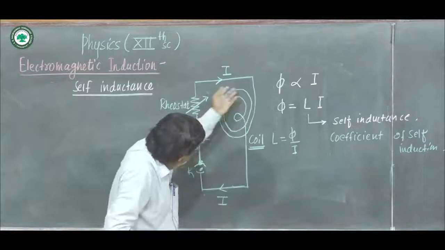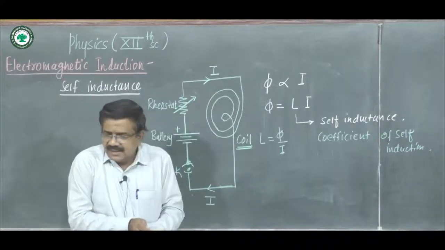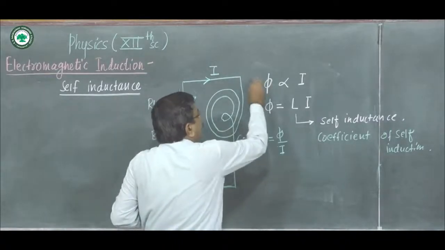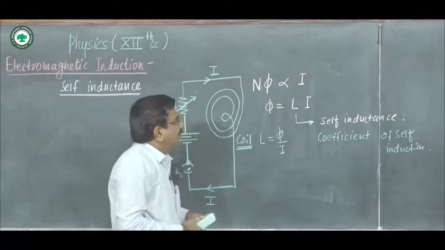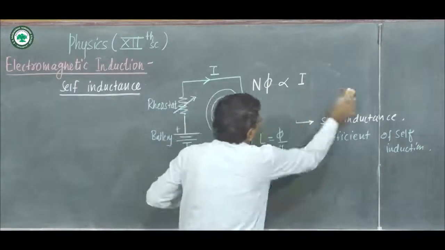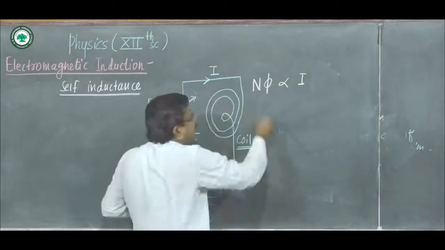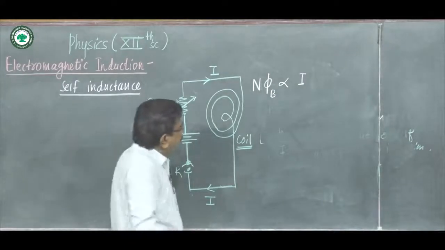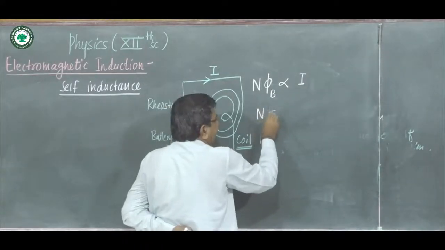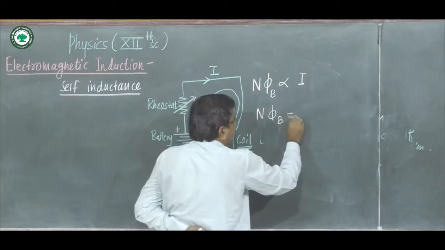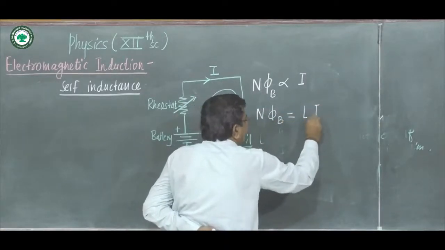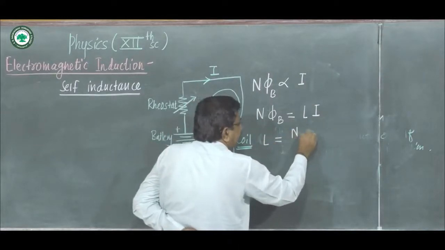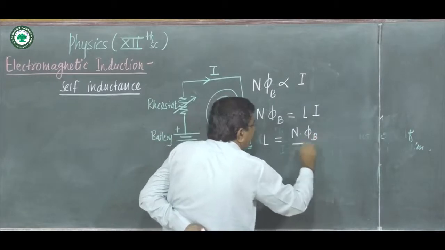If such n turns of coil are there, then for n turns we write it as n phi due to the magnetic field, so n phi B is directly proportional to I, or this n into phi B is equal to L into I, and hence again this L is N phi B upon I.